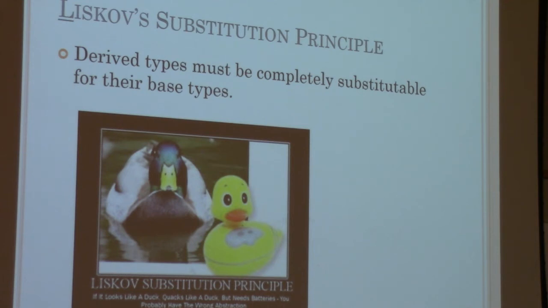Remember we saw the using thing to put one or two things. So don't put everything in there and create a new thing. If your base class was a real duck, then your child class shouldn't make it into a dummy duck. You are specializing, you are adding more functionality, you are making a special duck, but you are not changing it. If it looks like a duck, quacks like a duck, but needs batteries, you probably have the wrong abstraction. That's the point.